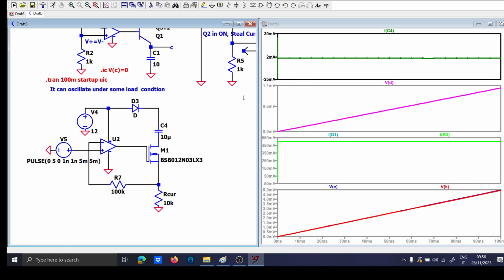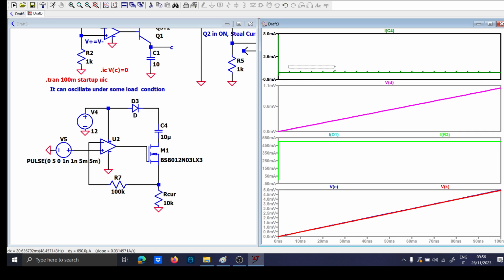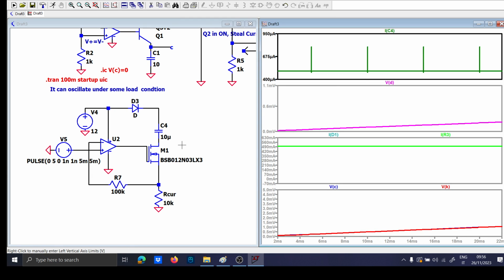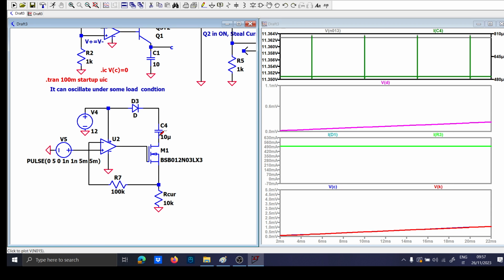Okay, so the diode was necessary. So I'm giving here little pulses, and the scope of this is to recharge the circuit here with a programmed voltage.